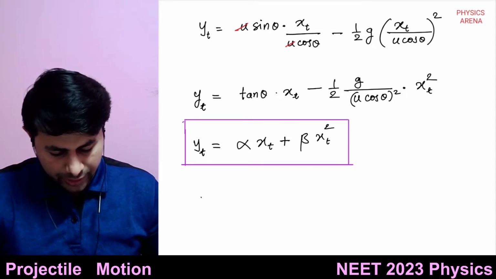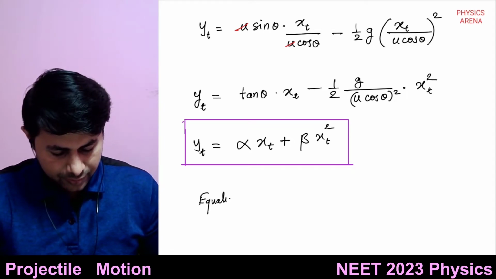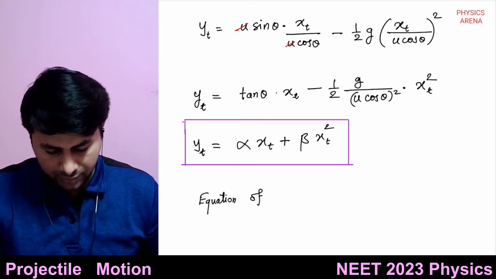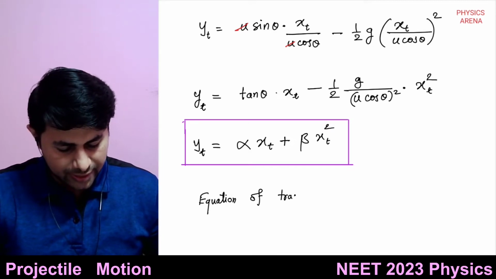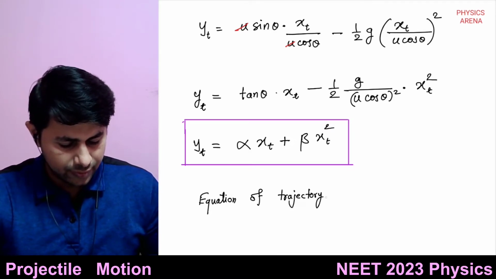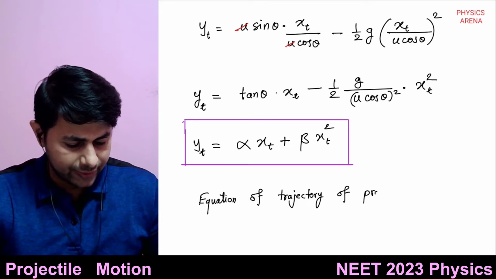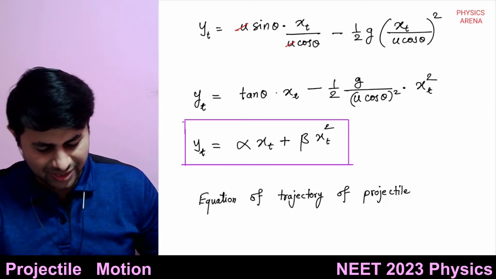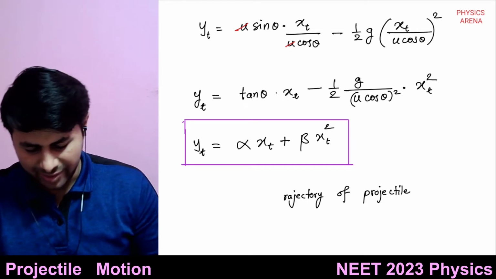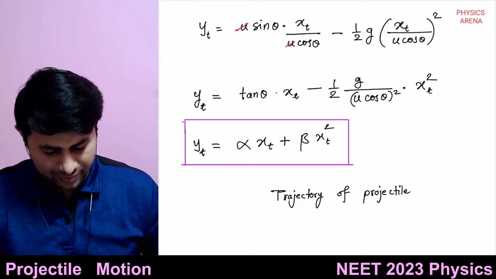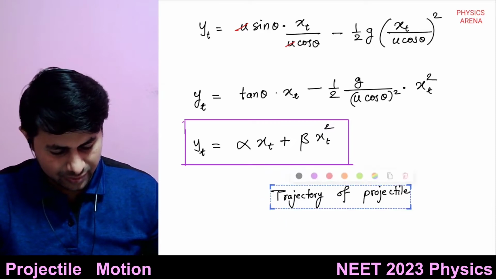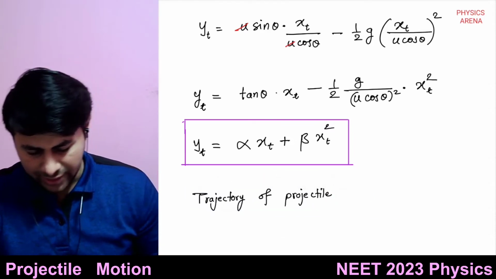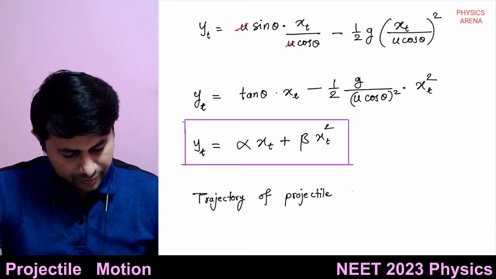Okay, so equation of trajectory of projectile, or I just want to say trajectory of projectile is a parabola. Or projectile follows a parabolic path.